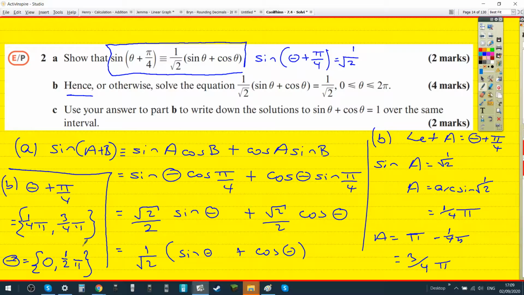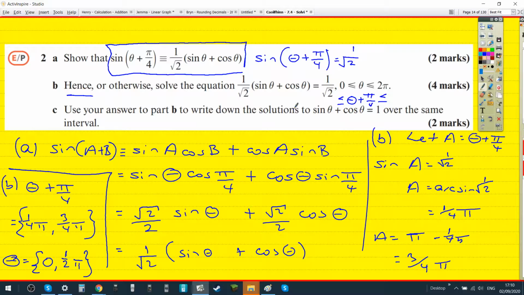And because it's a very special case, I may have skipped over something. So we were doing theta plus pi over 4. So what is the range for theta plus pi over 4? Is it 0 plus pi over 4 and then 2 pi plus pi over 4?